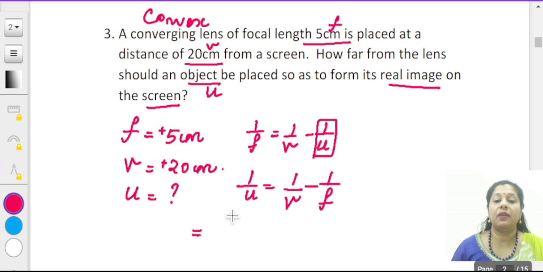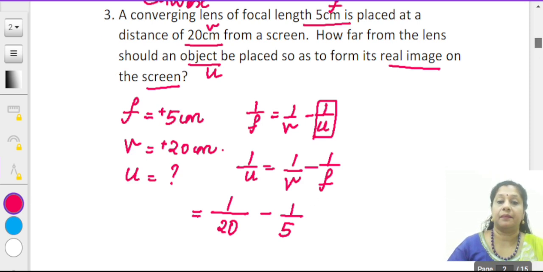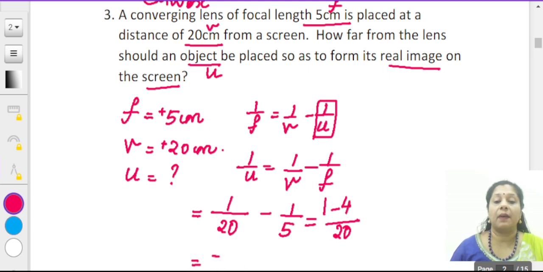So if you substitute the values, 1 by 20 minus 1 by 5. So what is the LCM? 20. So 1 minus 4, so minus 3 upon 20. Therefore U is equal to minus 20 upon 3.